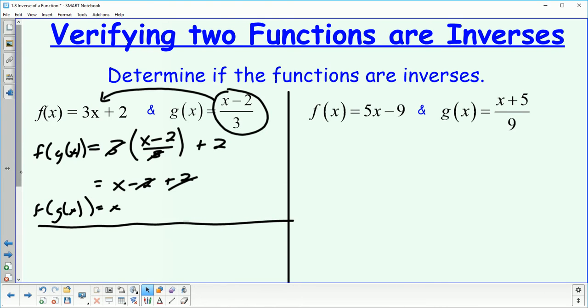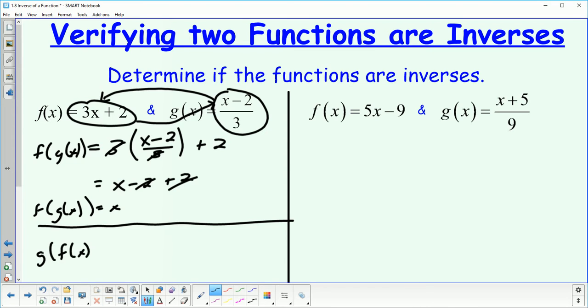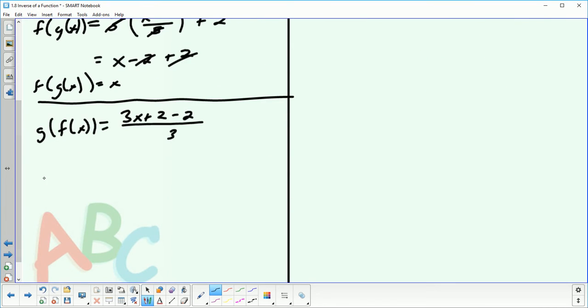Now, we need to make sure it works both ways. So to do the other way, I'm just going to take this 3x plus 2, or f of x, and plug it in for that one. So now we're looking at g of f of x, where we plug f into g, and we get 3x plus 2 minus 2 in the numerator all over 3. And we can start to simplify here now.